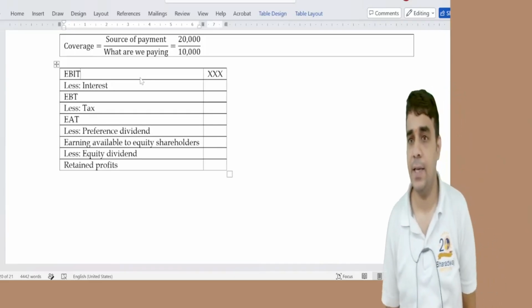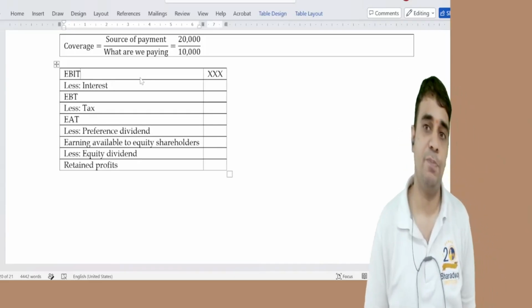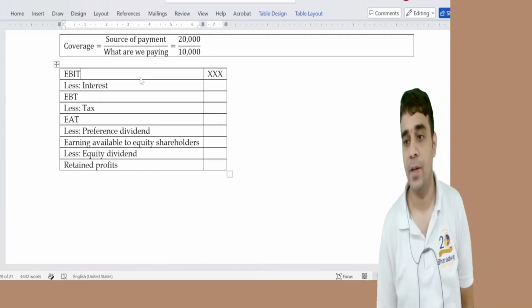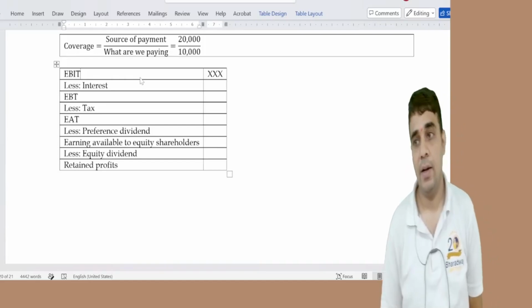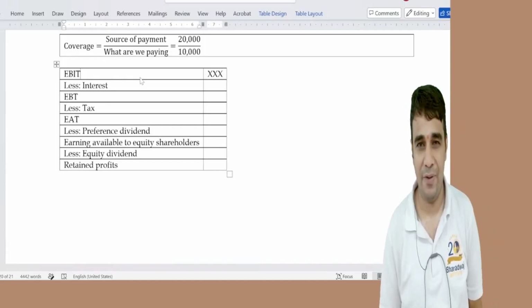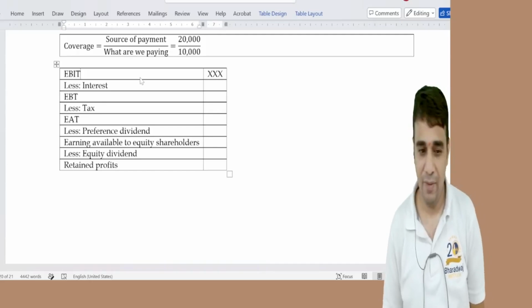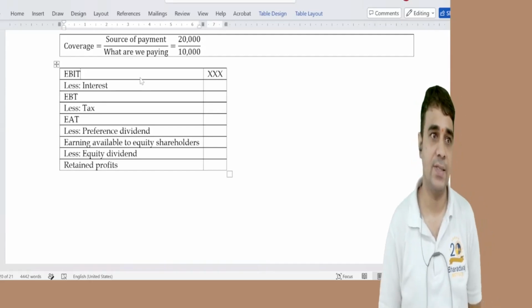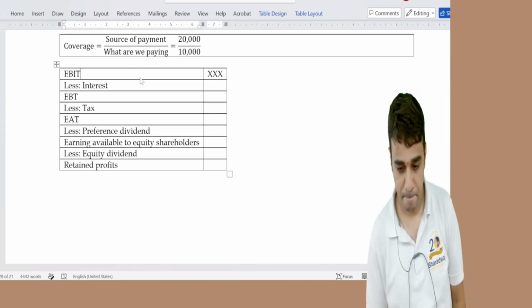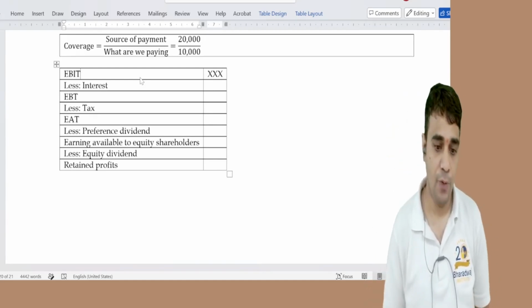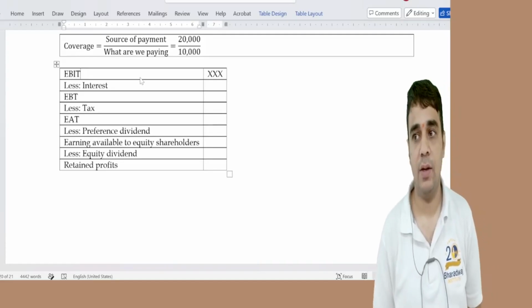EBIT less interest, EBT less tax, EAT less PD, EAES less equity dividend, retained profits. This is not a very difficult format. I'll be using this extensively in chapter 5. But anyway, we have reached this stage, so let us write this at this stage. How you manage space is up to you.